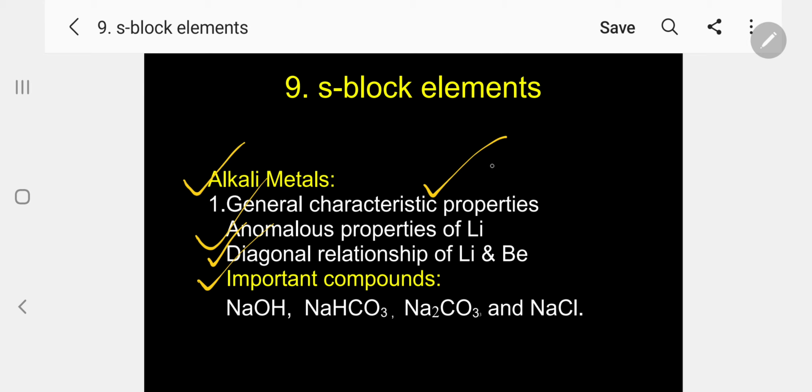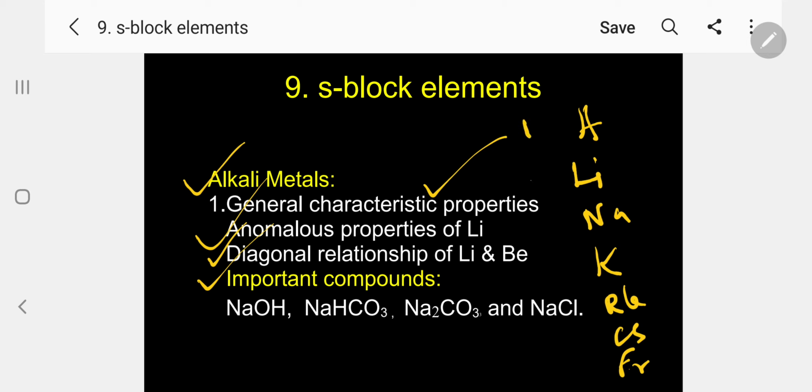So here I told you this is alkali metals. Under this we have hydrogen, lithium, sodium, potassium, rubidium, cesium and francium. There are periods 1, 2, 3, 4, 5, 6, 7.